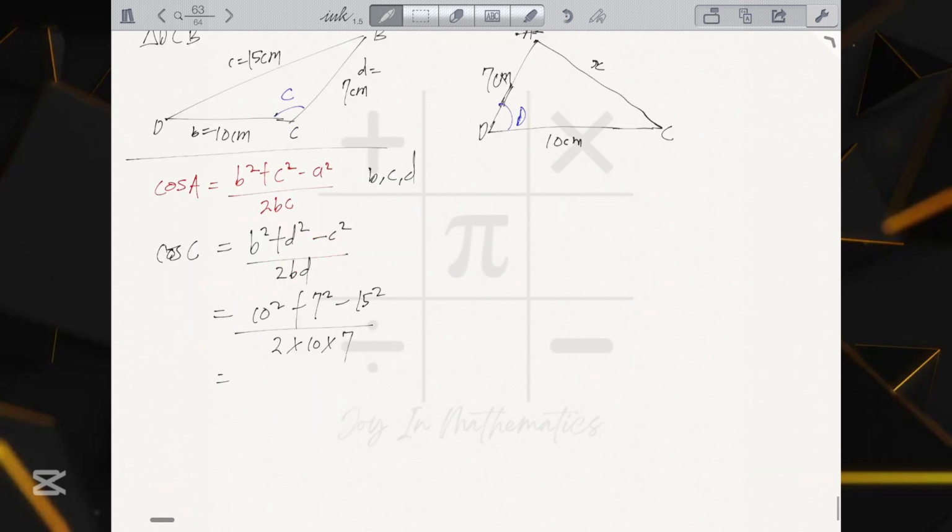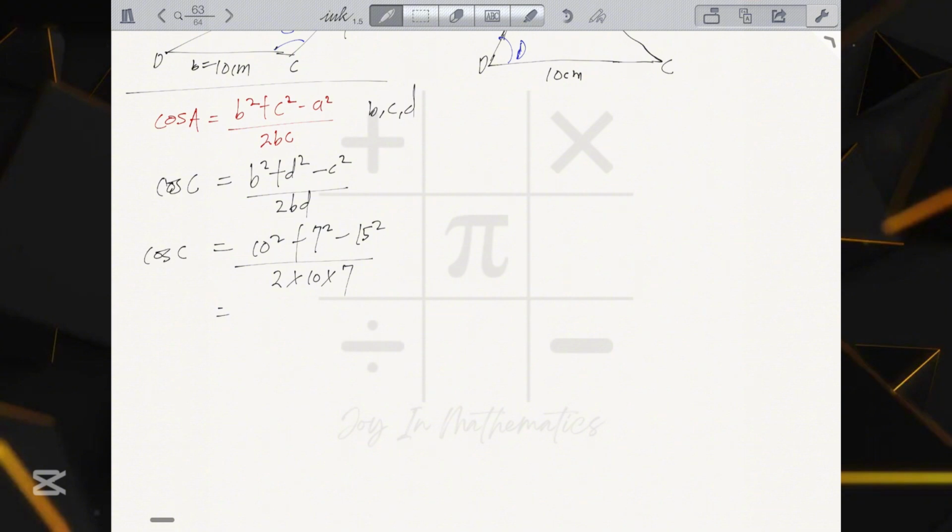So simplifying further, we will have that cos C is equal to 100 plus 49 minus 225 divided by 140. Using our calculator, 100 plus 49 minus 225 will give us minus 76 divided by 140.